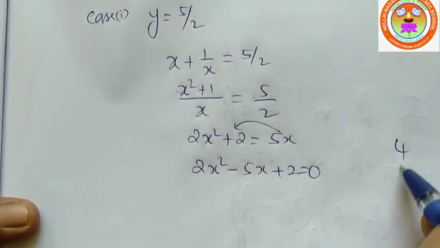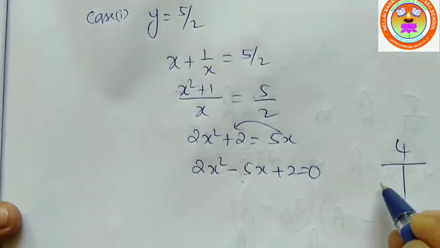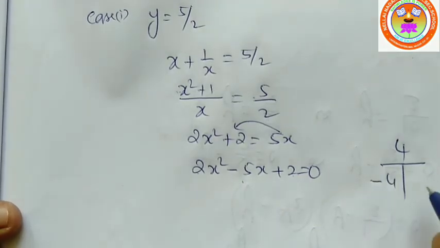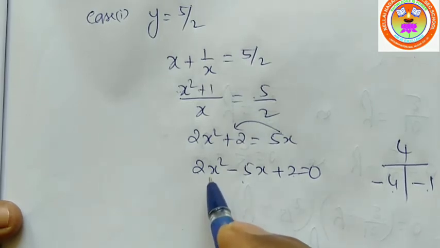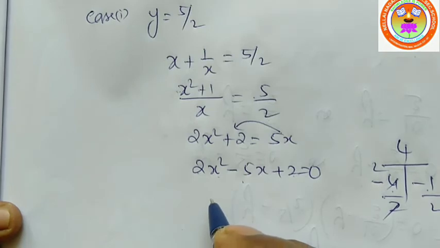2 2s are 4. Product 4, sum minus 5. The only possible numbers are minus 4 and minus 1. Minus or minus plus 4. When we are adding, we get minus 5. Again see, the square term contains one numerical coefficient 2. So divide by 2. So we can write the factors directly.